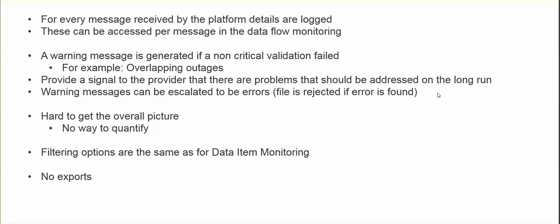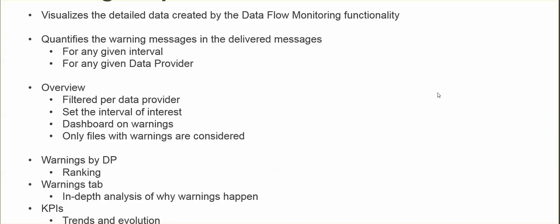Filtering options of this, of course, were the same as for the data flow monitoring, and you didn't have any export options. So there is no direct way to send a list of files that had warnings back to someone or to cascade it back. And all of these are addressed by the warnings report.